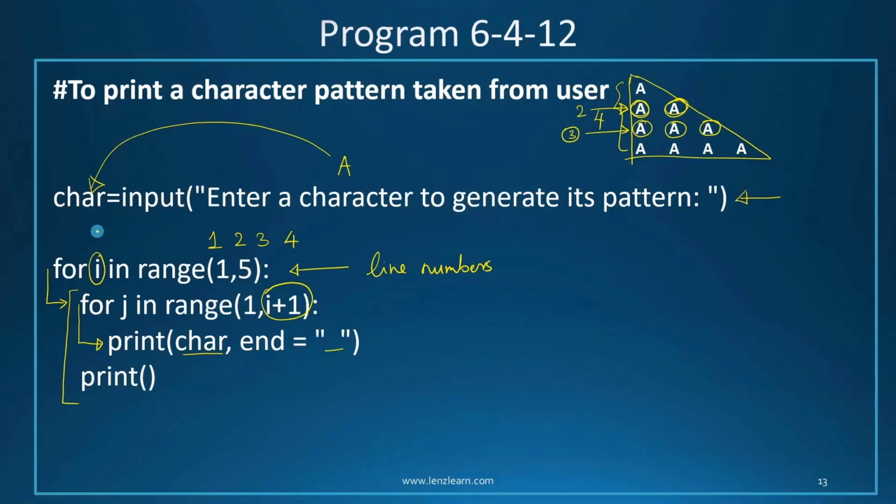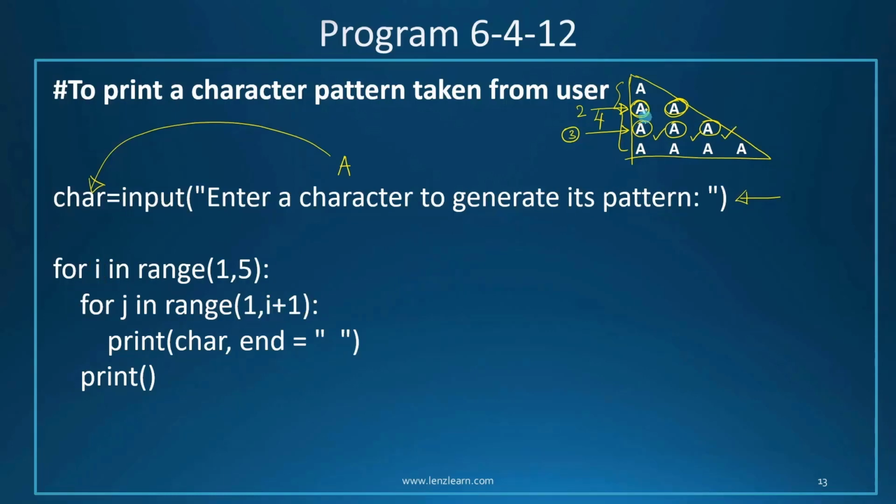When the value of I is 1, the inner for loop will work only 1 time. When the value of I becomes 2, the inner for loop will work 2 times, printing A 2 times in the output. When the value of I becomes 3, the inner for loop will work 3 times, printing A thrice in the output. That's how the program proceeds.